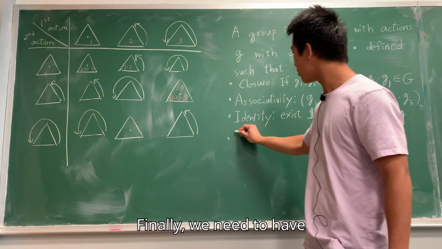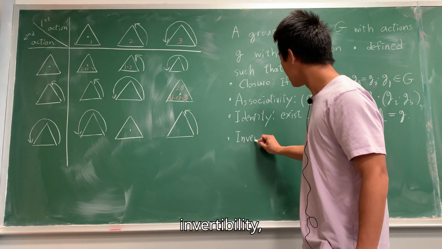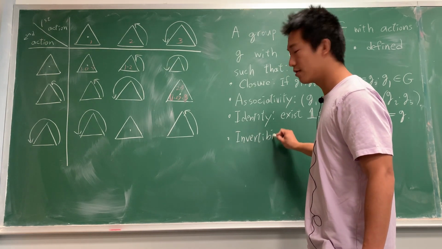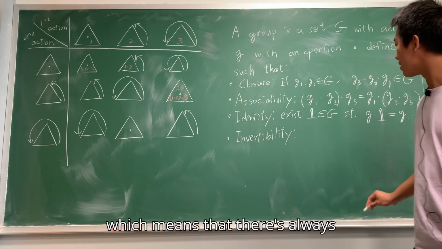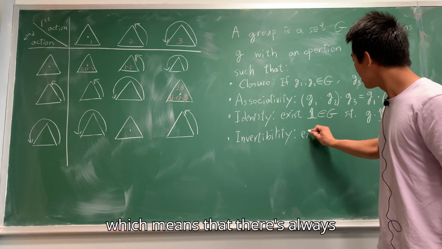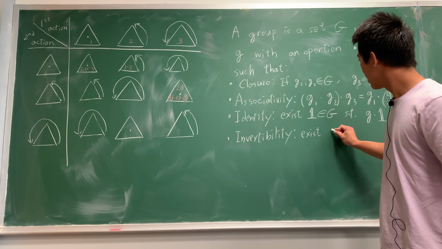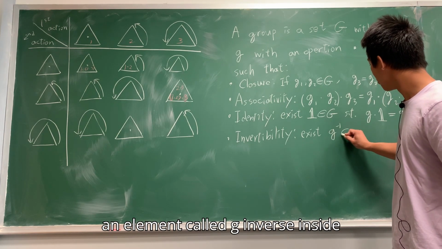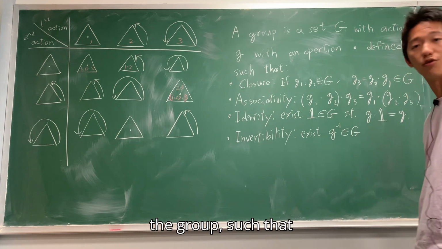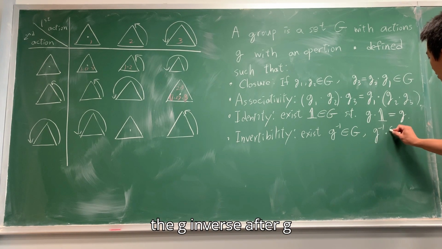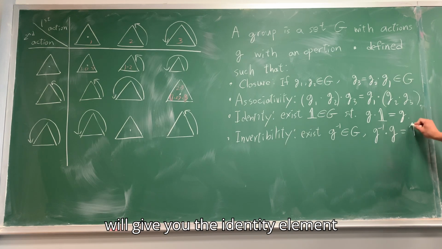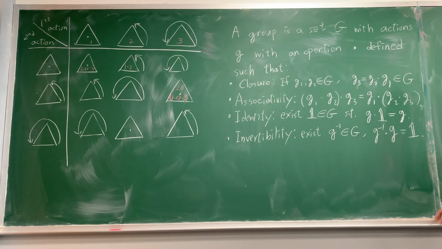Finally, we need to have invertibility, which means that there's always an element called g inverse inside the group, such that g inverse after g will give you the identity element for all the group elements.